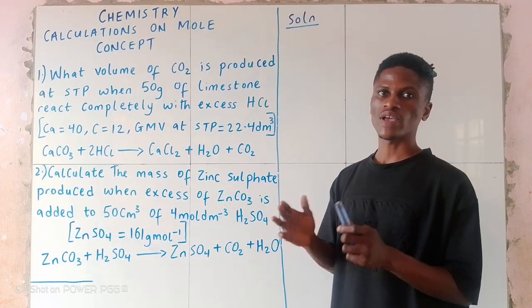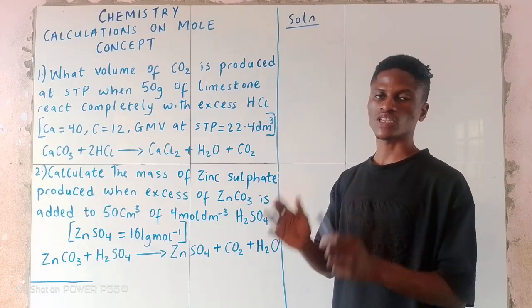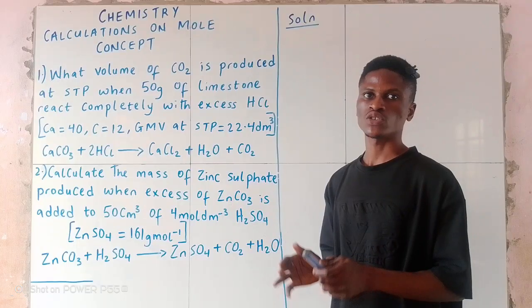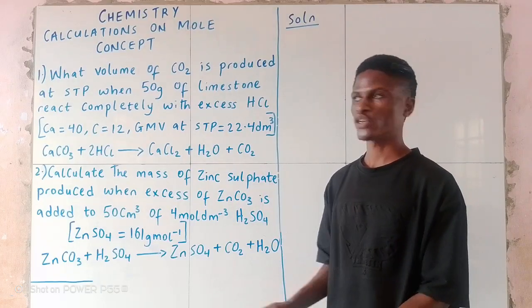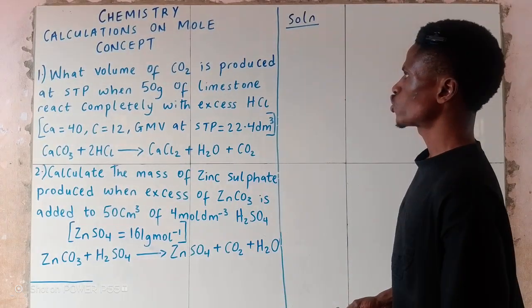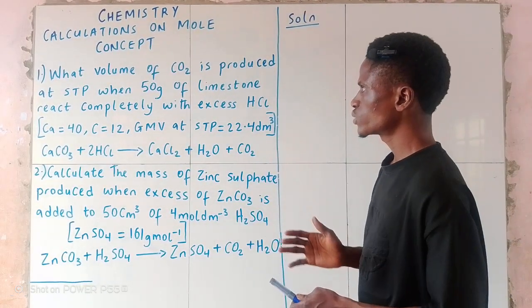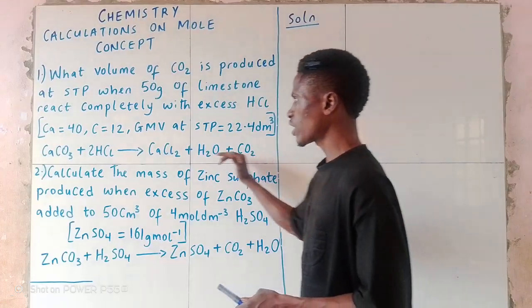The full meaning of STP is standard temperature and pressure, and the full meaning of RTP is room temperature and pressure. So if we check this question carefully, this question has to do with a chemical equation.